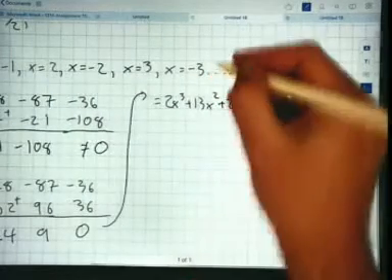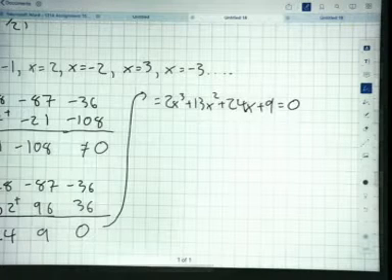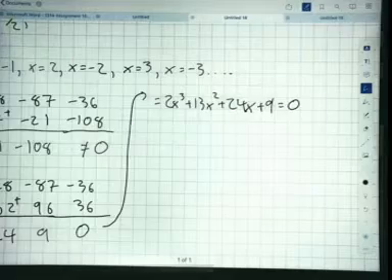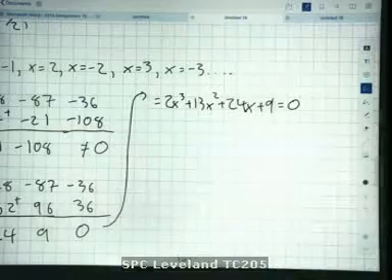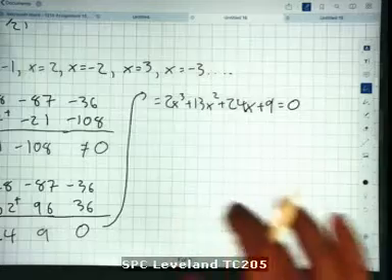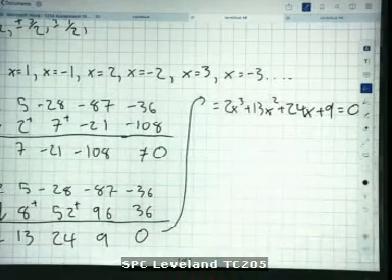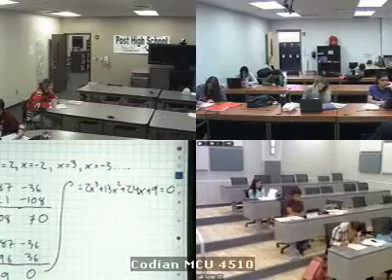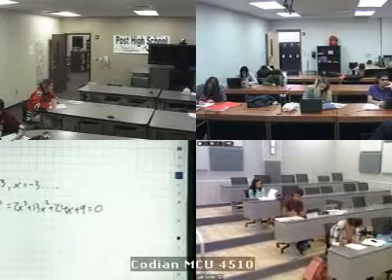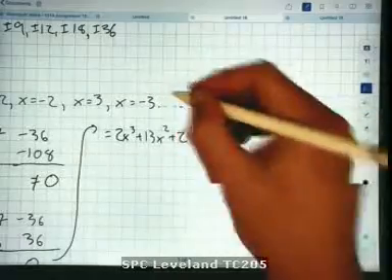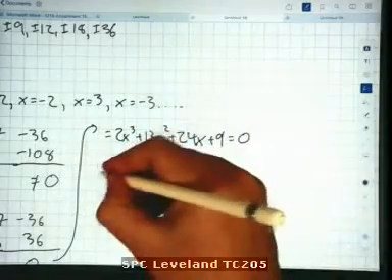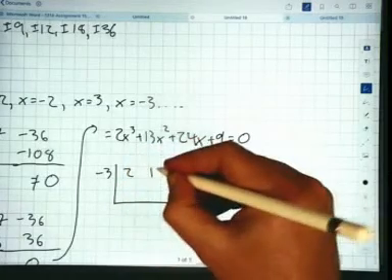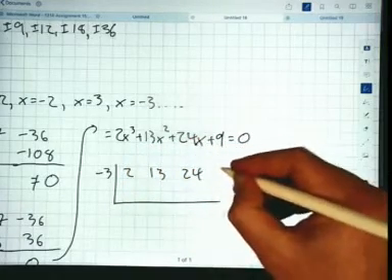Did anybody try -3? No, sir. Oh, no one, out of your group of 5, no one tried -3? Not yet. Try -3 on this guy. 2, 13, 24, 9.